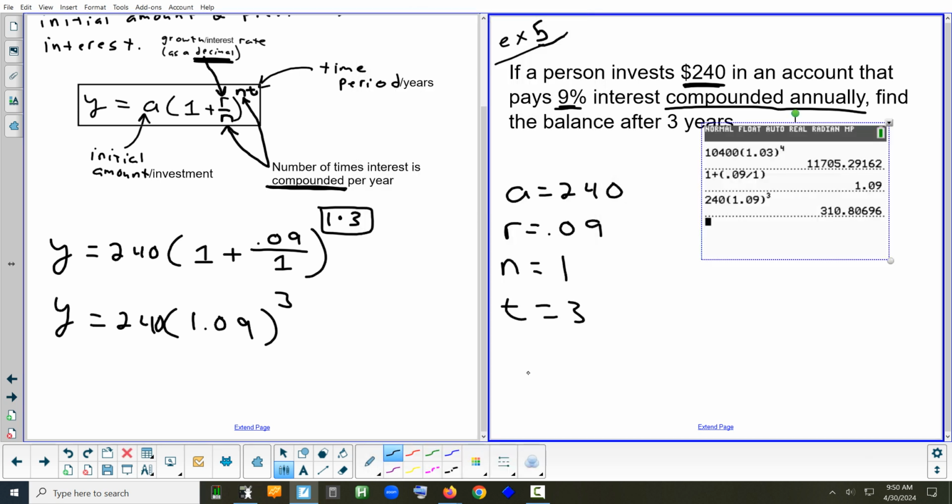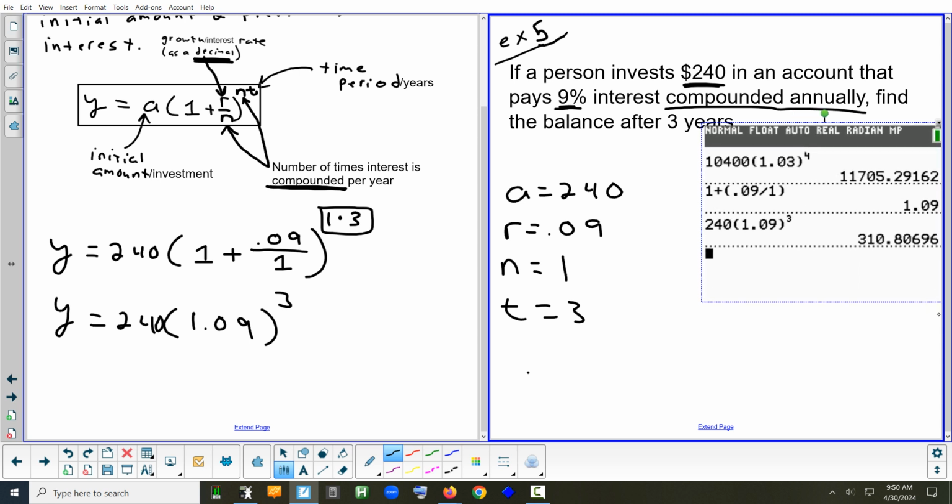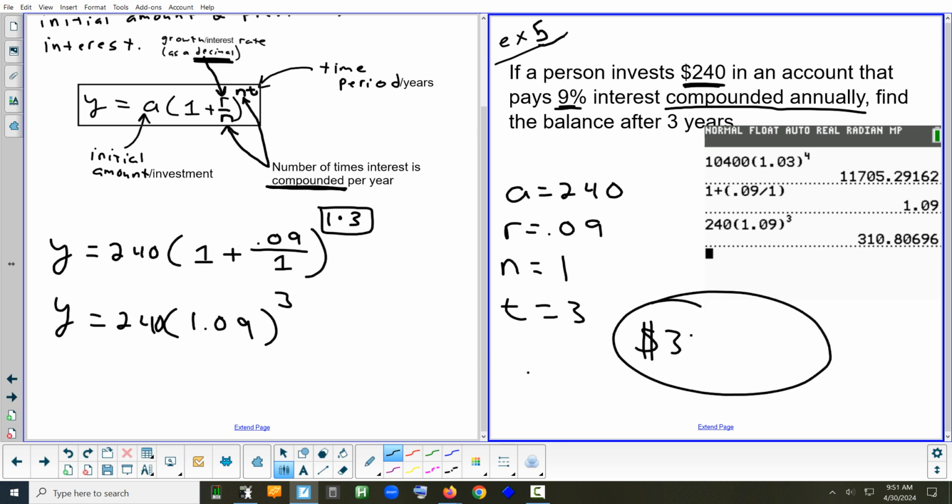With money, how many decimal places does it make sense to round to? 2, right? Because you can have up to hundredths. That's pennies. So if you round this to 2 decimal places, how much money would you have in your bank account? $310 and 81 cents. That would round up.